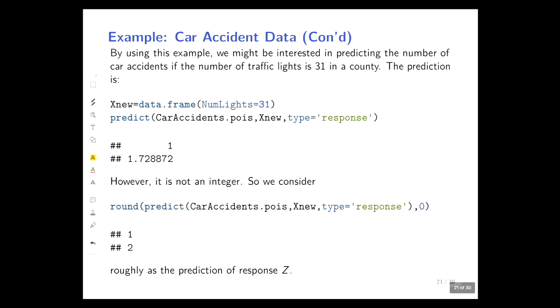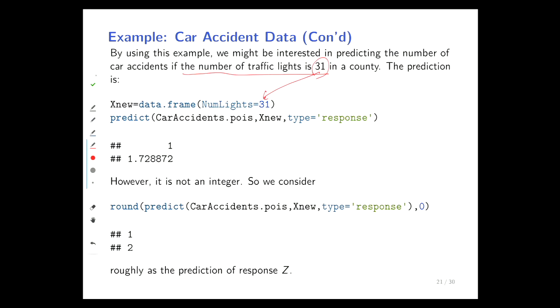Let's look at how we obtain the prediction in R. Nothing so different. We still use the predict function. Let's consider that in some specific county, the number of traffic lights equals 31, and we want to predict the number of car accidents in the past year for this county. What we need to do is construct a new data frame for our new data set, 31.